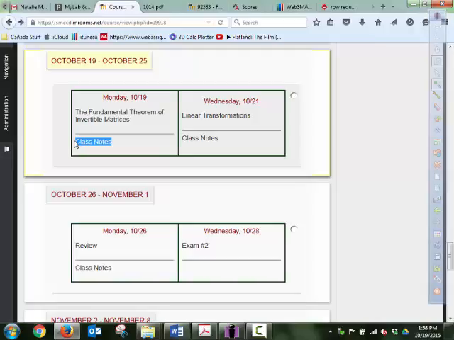When I say tackle, I just put it up there and showed it to you, but there you saw it. Then on Wednesday, we're going to talk about linear transformations. And then you will have your exam a week from Wednesday. I'll have a review sheet and an outline for the exam so you know exactly what to expect.